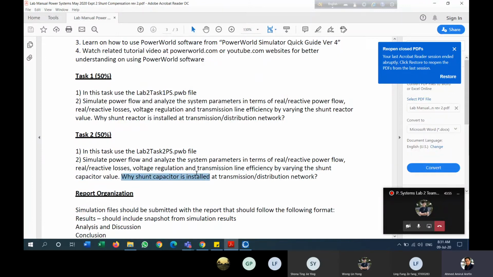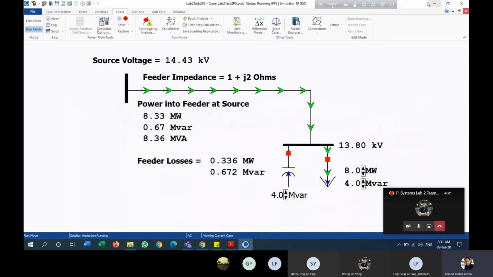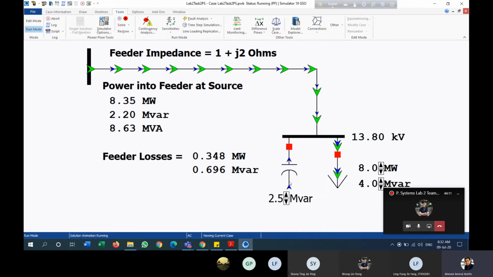Now why do we actually use a shunt capacitor here? The answer is very similar. Basically the shunt capacitor is used for improving the power factor.